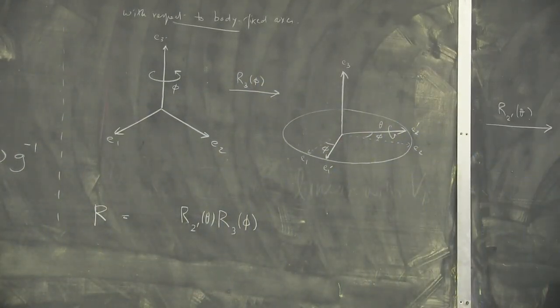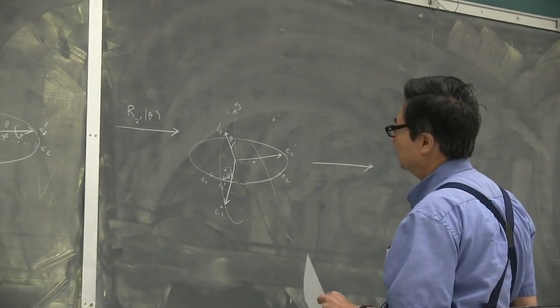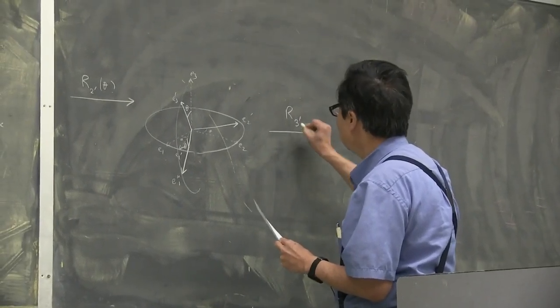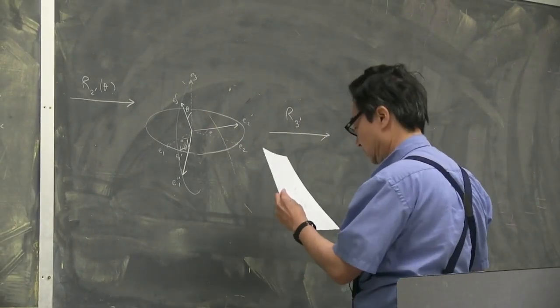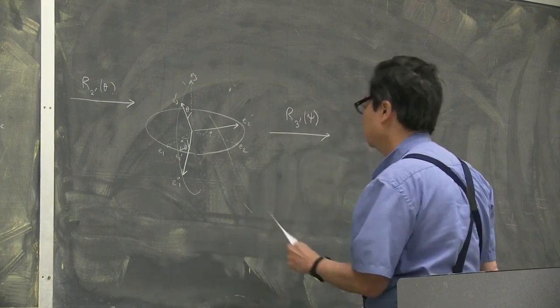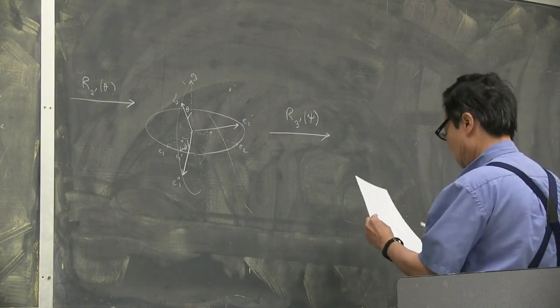And then the last one is rotation about the 3 prime axis, which is this one, by the angle psi like that. Let's see what we're going to end up with.